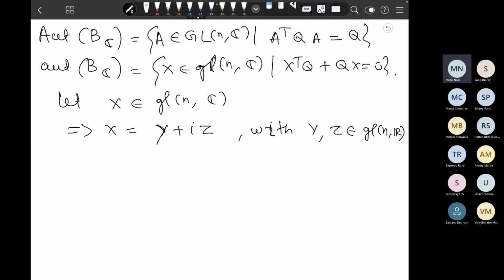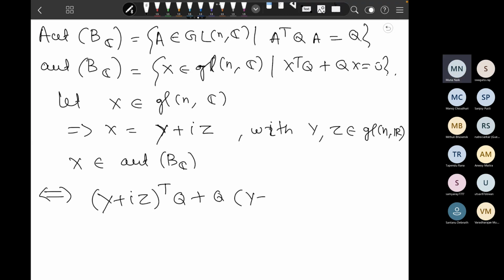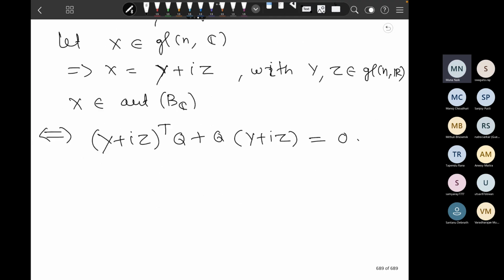So X belongs to o(BC) if and only if (Y plus iZ) transpose Q plus Q(Y plus iZ) is equal to 0.